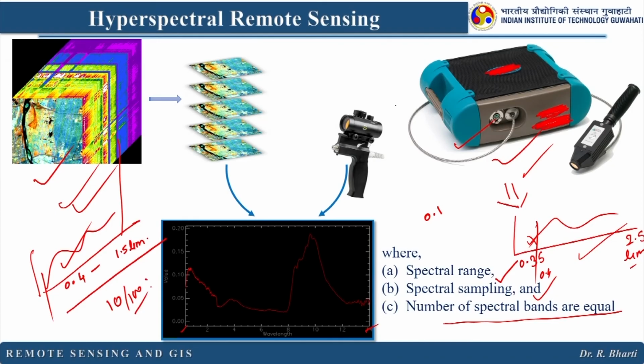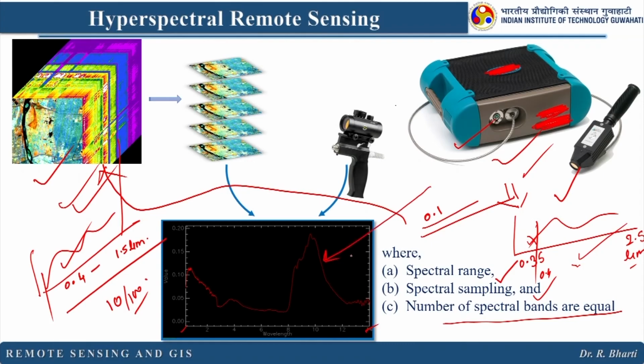So what you have to do, you have to resample this spectra as per the requirement of this image. So if it is 10 nanometer interval, then here you have to average 10 nanometer values together, and then it will exactly match with each other, right.